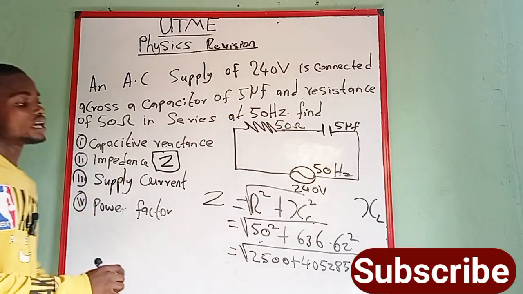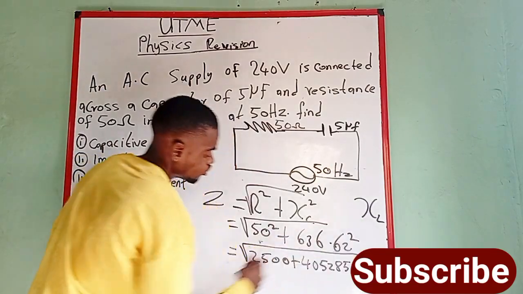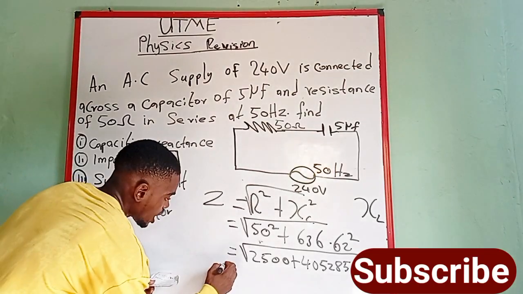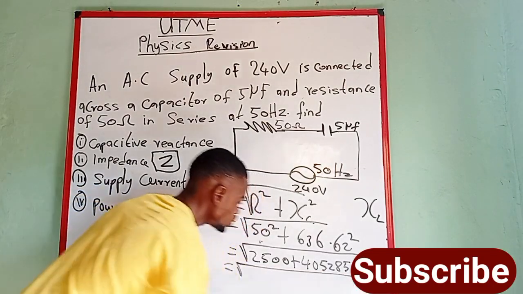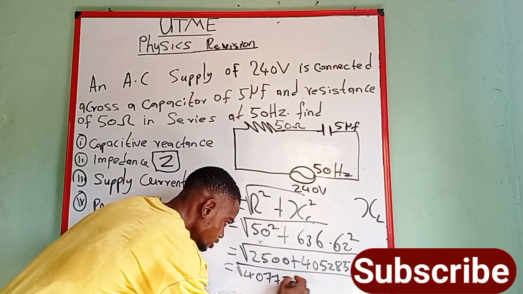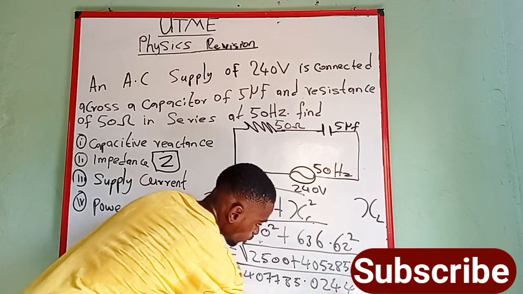405285.0244. Now all of them have had the square removed, so we add them together and root it. If you add it together, it is equal to the root of 407785.0244.